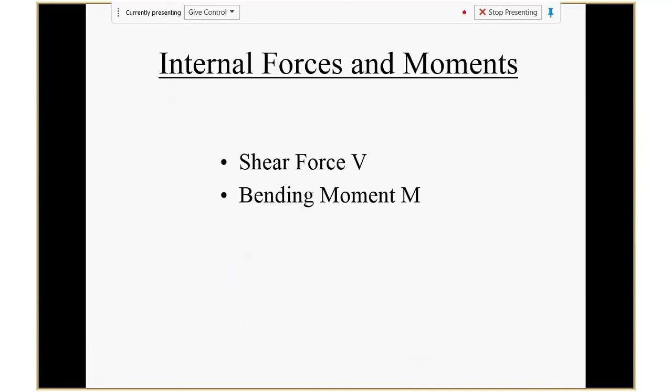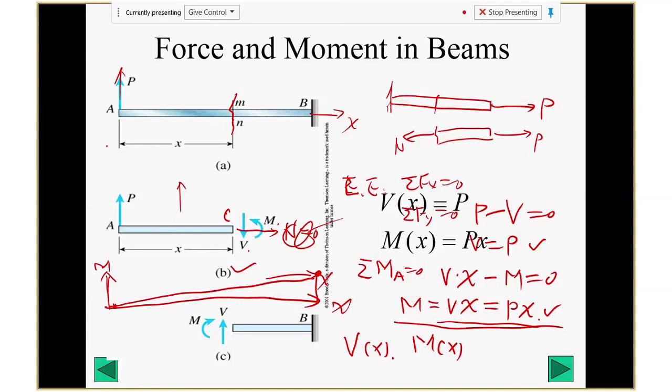So quickly, let's go back here. For this one, the shear force V equals P. Is this positive or negative? It's positive. On this side, if we point downward, it's positive. On this side, if pointing upward, it's positive because it generates this clockwise twist.